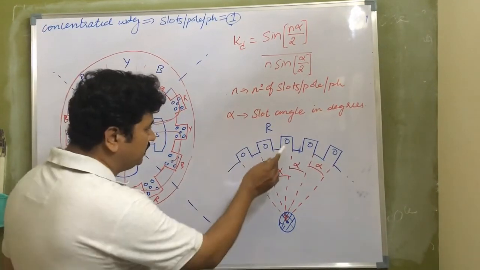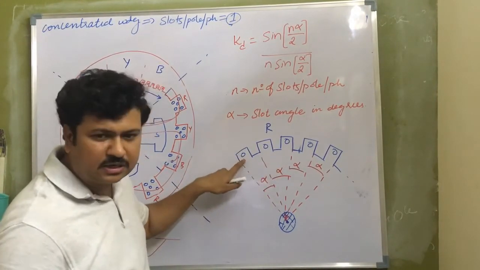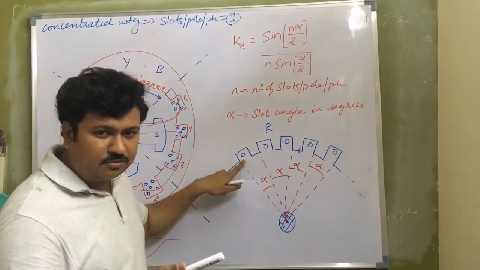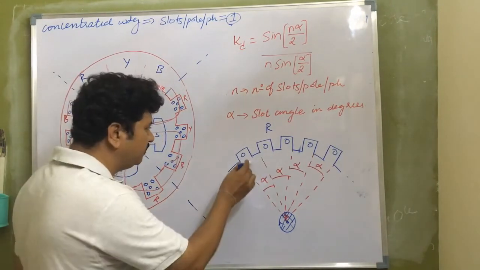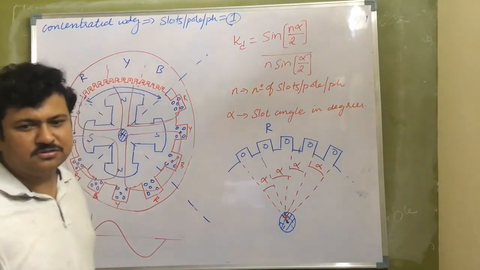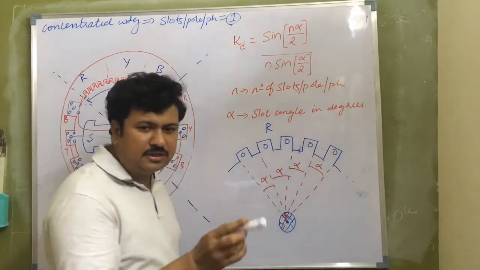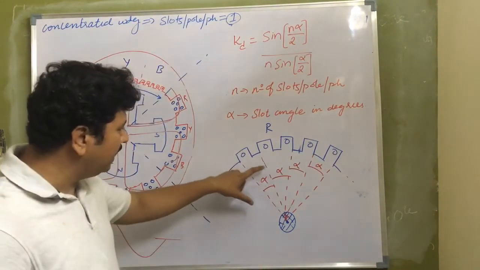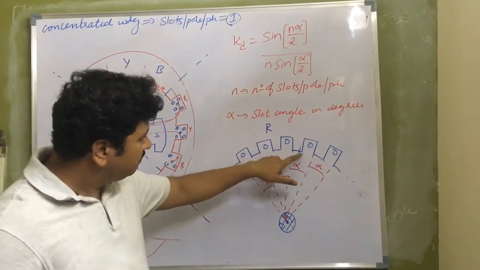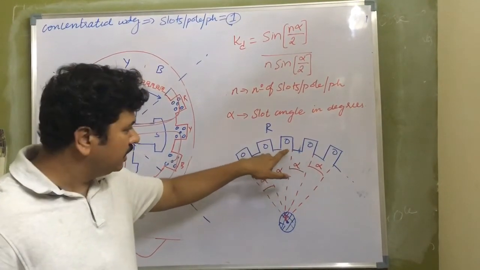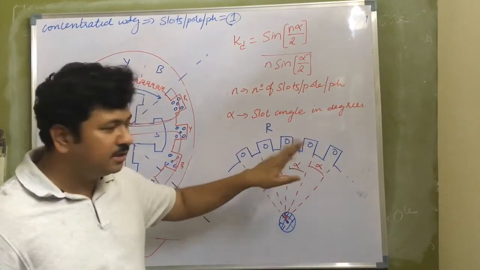The third is lagging behind the second by alpha and the first by 2 alpha. The fourth is lagging behind the third by alpha, the second by 2 alpha, and the first by 3 alpha.